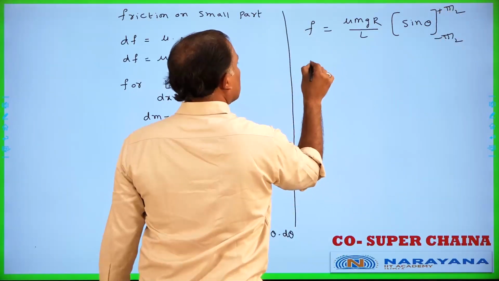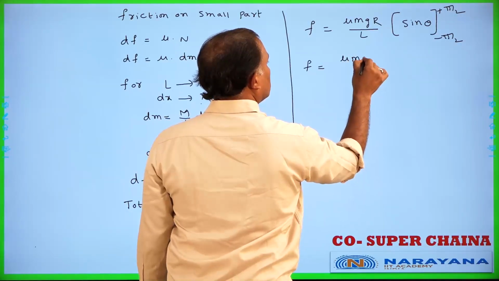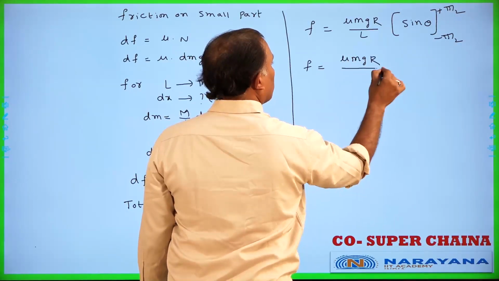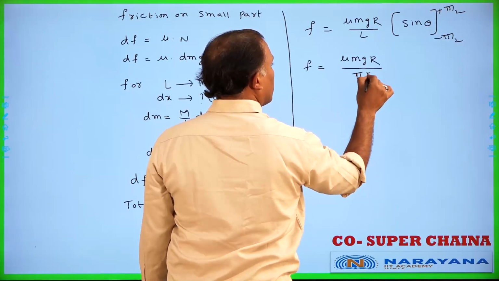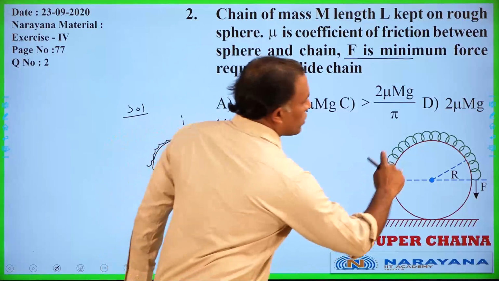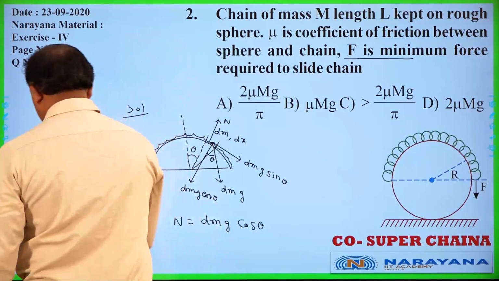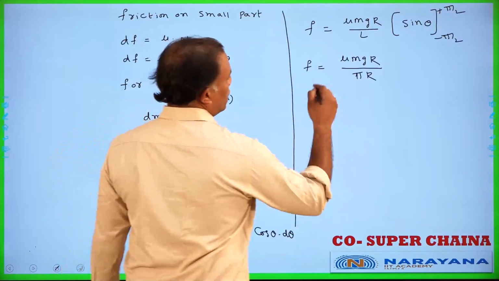So F is equal to mu m g r by length. You can see the length of the chain; one second, let me go back. It is half of the circle, so half of the circle means obviously the length is pi r. So I am considering that here: length is equal to pi r.